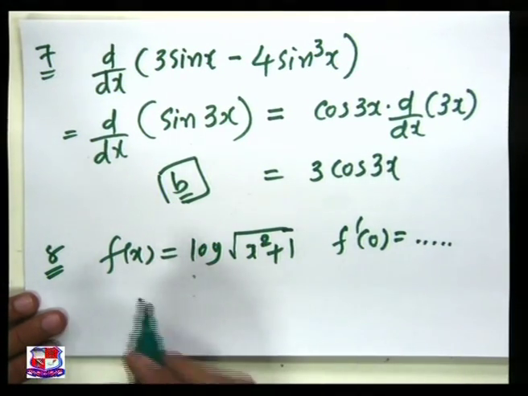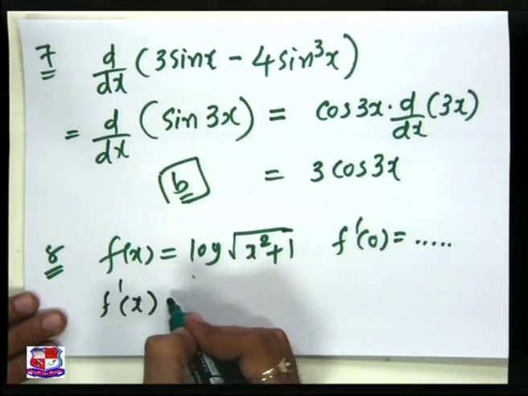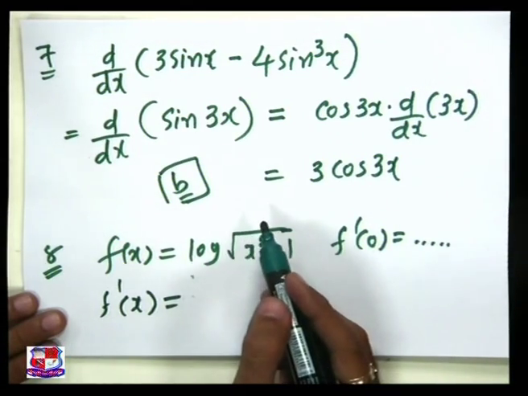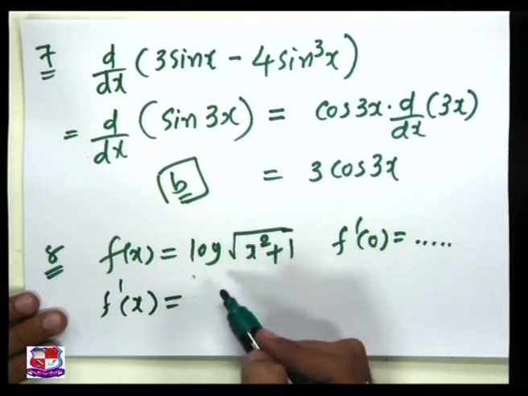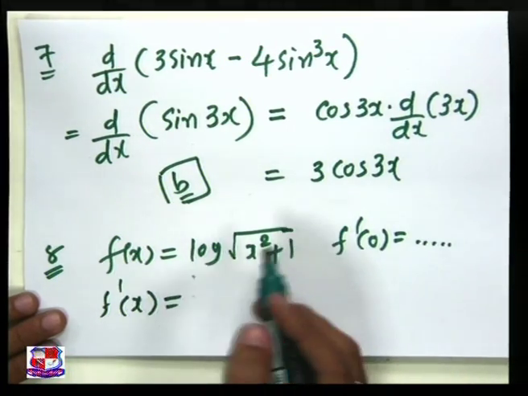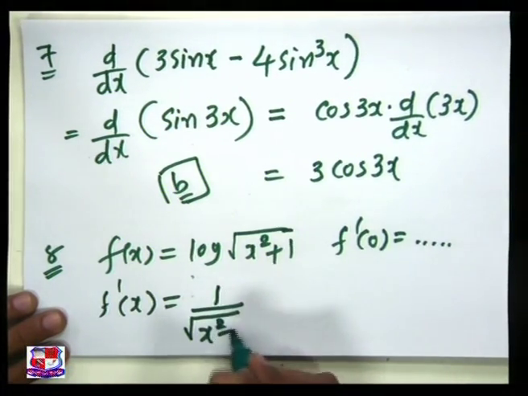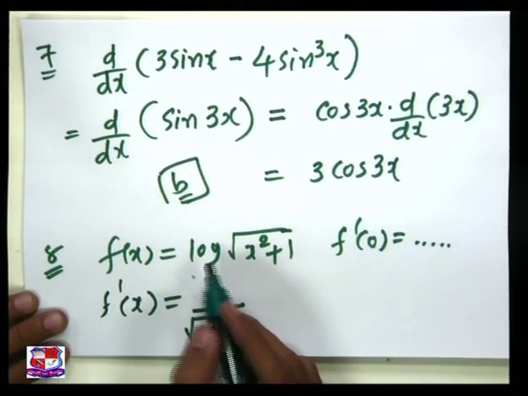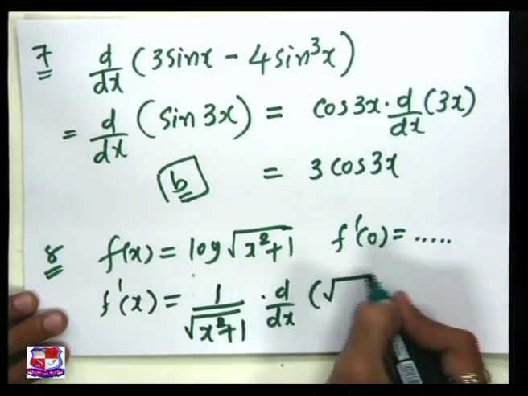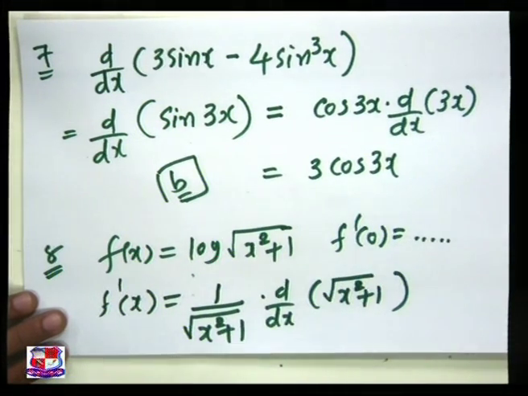First of all, here f dash x is equal to, here we need to use the chain rule. As we know, the differentiation of log t is 1 upon t, so the differentiation of log of root x square plus 1 is 1 upon root x square plus 1, into d by dx of root x square plus 1, right?